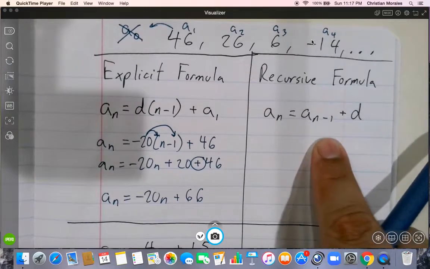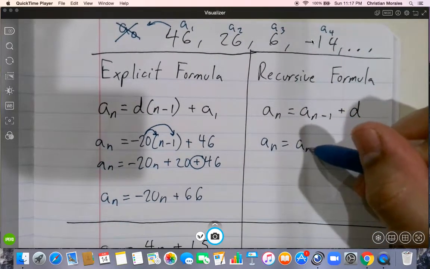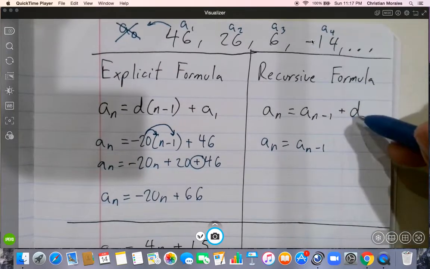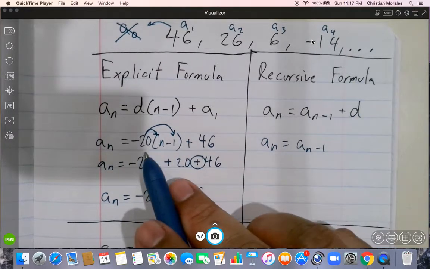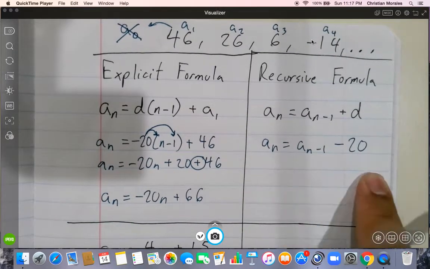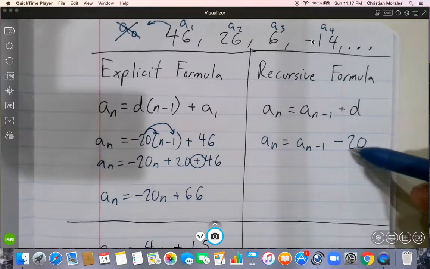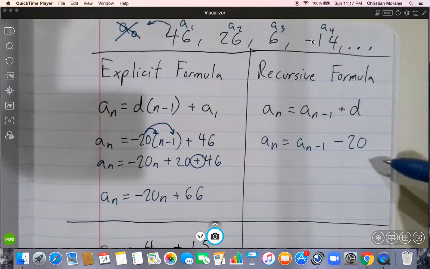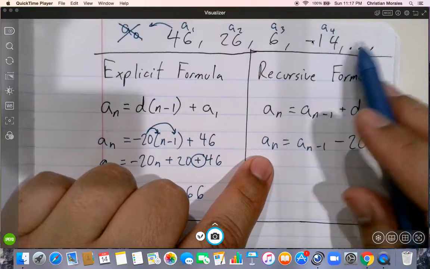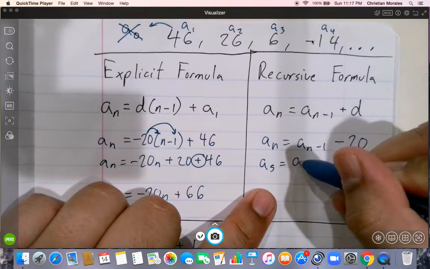Now, recursive formula, this was actually easier. What was the common difference? -20. So you just put -20, and that's it. You don't do anything else. That's the recursive. The recursive just tells you how to find the next one. So for example, let's say I wanted to find a5, right? Well, you plug in a5.